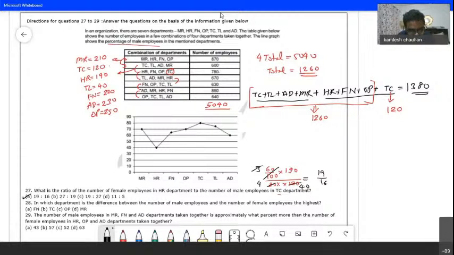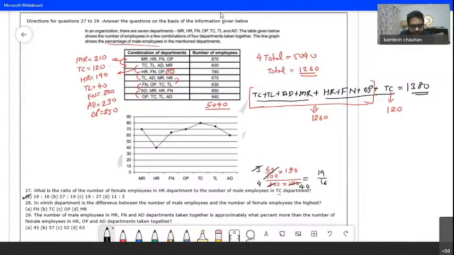In which department is the difference between the number of male and female highest? Now, if you see, that means the disproportionality has to be very high. So if you see the FN department, 65 percentage of people are male, so 35% are female.